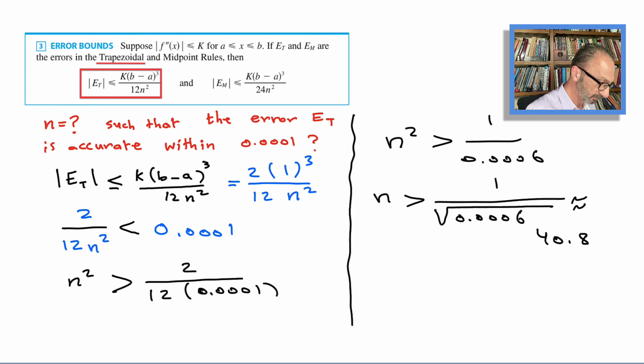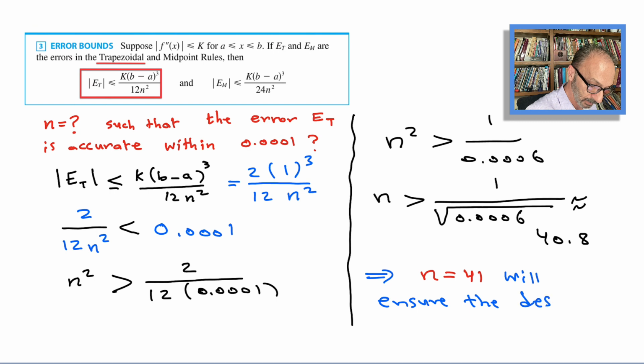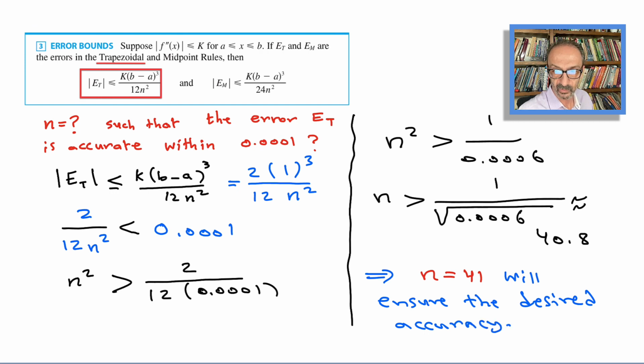To finish the problem, we could say that therefore n equals 41 will ensure the desired accuracy. We can't take 40.8, of course.